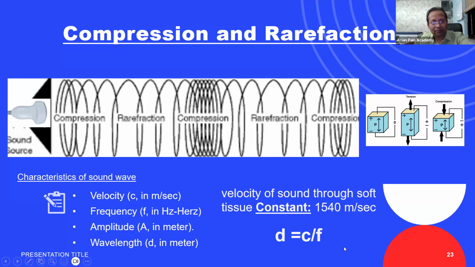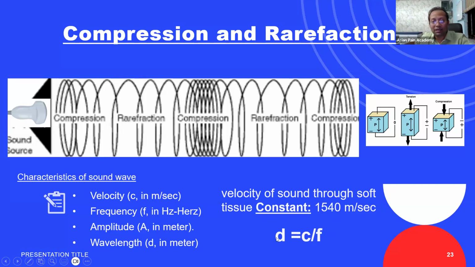So you see the calculation, d is equal to c by f. Here d means wavelength in meters, c means velocity, f means frequency. As I told you, sound wave velocity in tissue is constant; we are taking it as a constant. But what is the result?